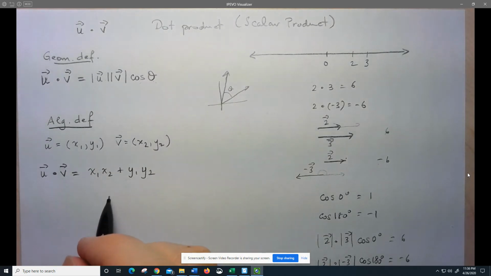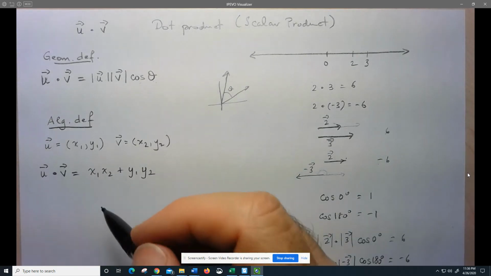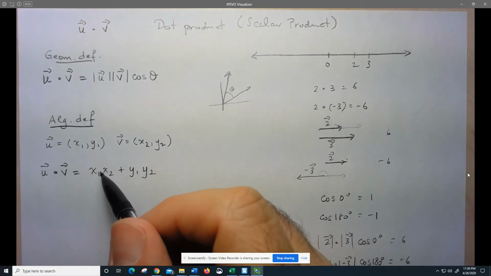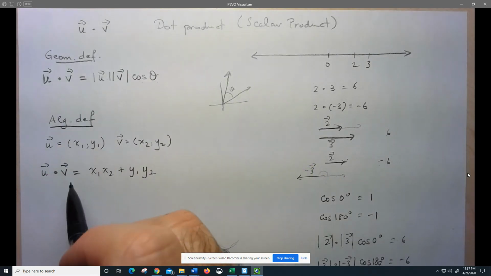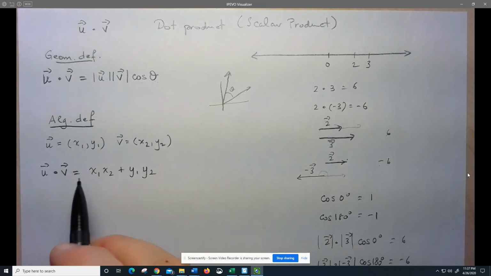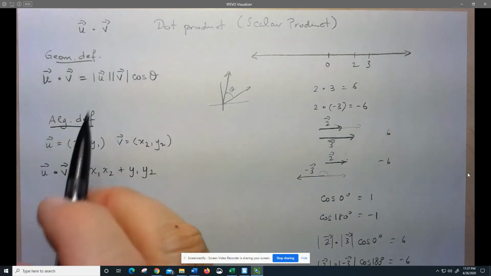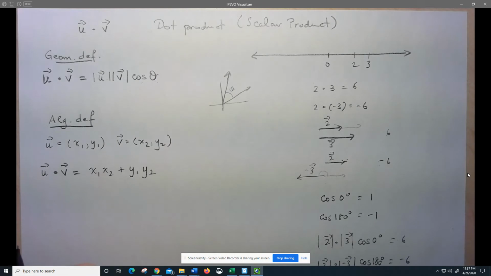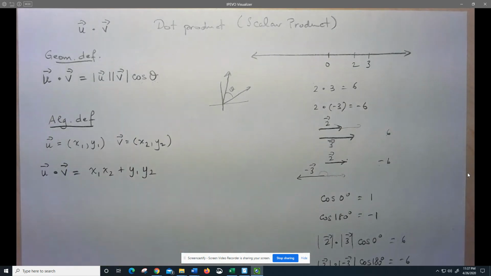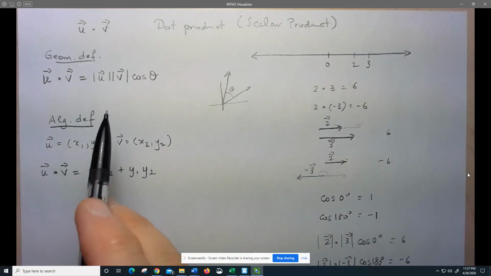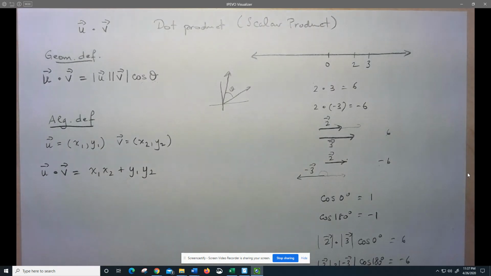Now, if you wanted to, you could take an example, find the angle between the two vectors, use this definition, then apply that definition to ensure that you do get the same answer either way. For now, just to save ourselves a bit of time, I'll have to ask you to trust me on this. But we're going to start to see why this definition is a useful one, or at least one of the reasons.